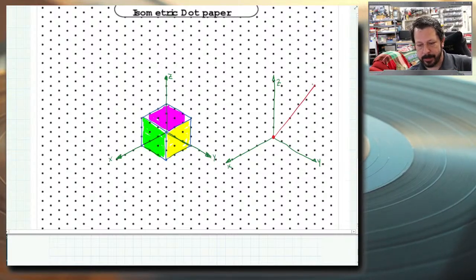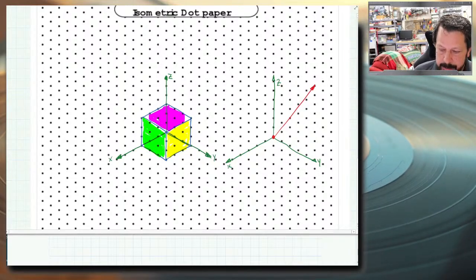Now, you kind of have an idea where that force is going, but some people might look at that and it looks like it's in the YZ plane, kind of pointing up and to the right. Other people might look at it and interpret it as in the XY plane, pointing backwards. And it could be neither of those. So how we're going to try and show this is, there's two ways.